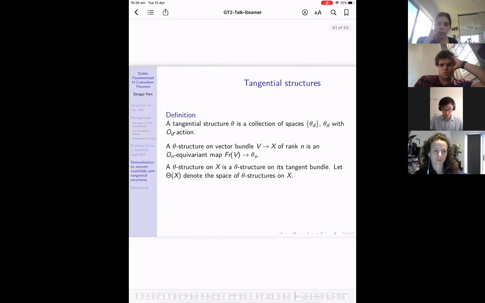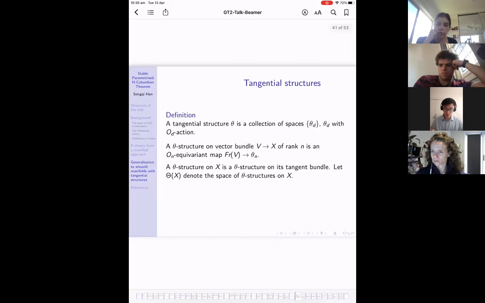And a theta structure on a vector bundle of rank n is an O(n) equivariant map from the frame bundle to theta n. Or equivalently, you can write it as a section of the associated fiber bundle of the frame bundle whose fiber is theta n. And a theta structure on a manifold X is a theta structure on its tangent bundle.